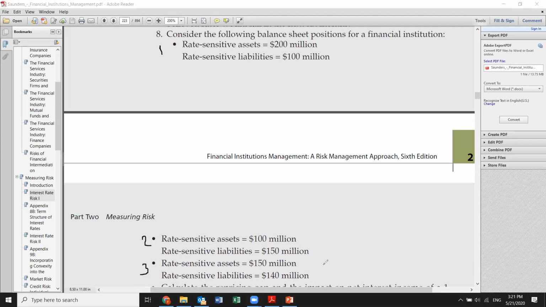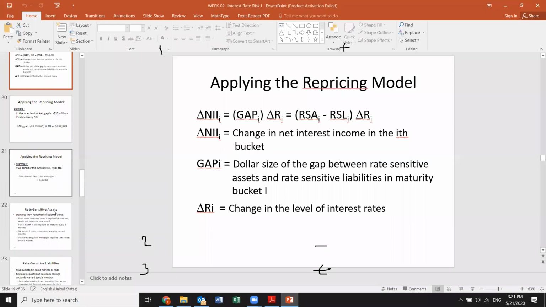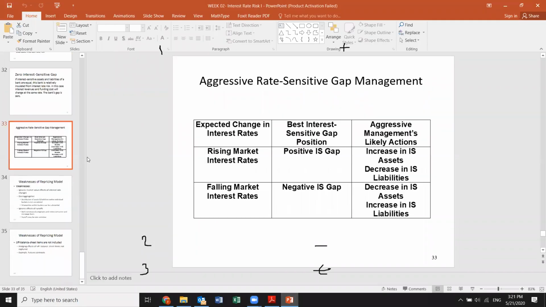We have a positive gap here, negative gap, and positive gap. Taking into consideration the rules: with a positive gap, an increase in assets and decrease in liabilities will give you more net interest income. With a negative gap, it is a decrease in assets and an increase in liabilities. This is what you should keep in mind.